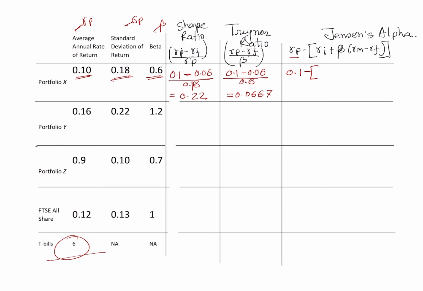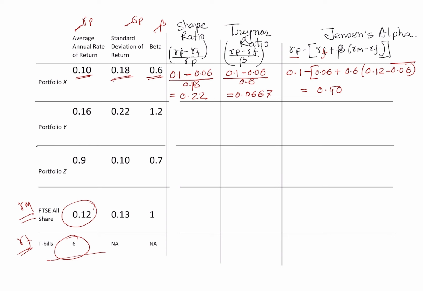So Rf, my bad, this is Rf, 0.06, plus beta, which is 0.6, times Rm, this is Rm and this is Rf, so Rm 0.12 minus 0.06. And if we do this calculation, we get 0.40.